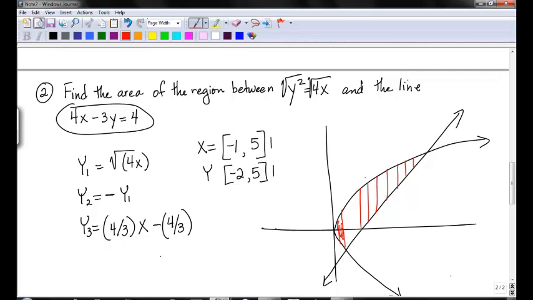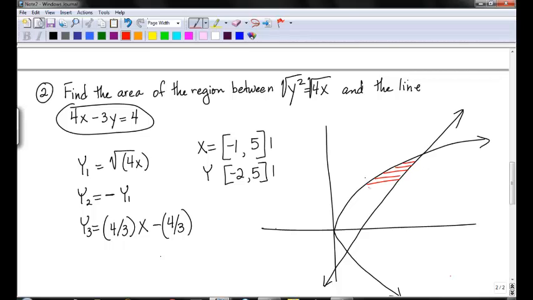Okay, so instead of doing vertical slices, now you got to do horizontal slices. Hang on. Okay. I'll draw my picture back a minute. Okay, so we're going to do horizontal slices. Now you have to look at the horizontal slices.